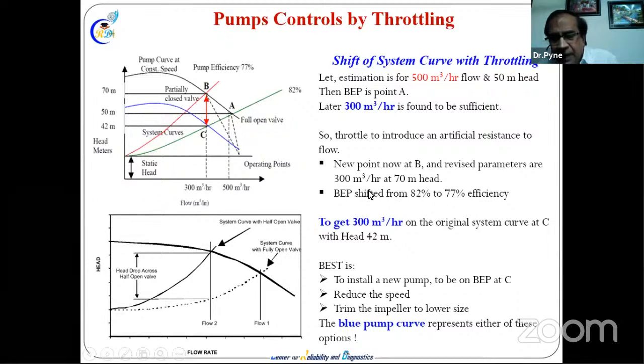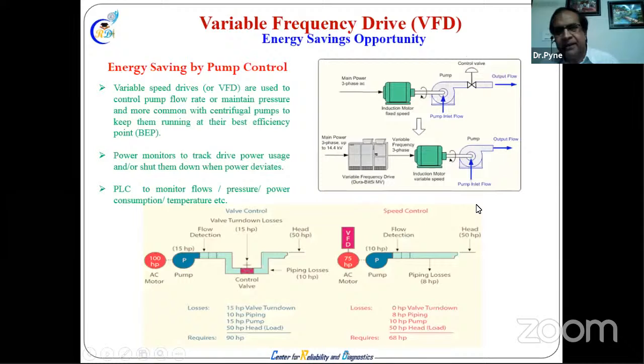Here it is 82%, 70% efficiency point, and at 70 meter head, and here it is 42 meter head. If you go to the VFD, 42 meter head, so your head is reduced, which means you are not using more pressure. Maybe your process is dissatisfied, but more important, your flow requirement is satisfied.